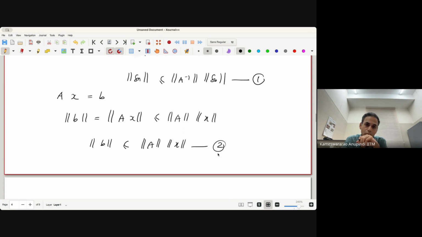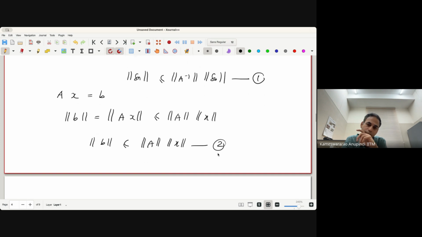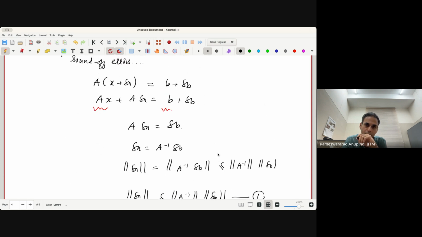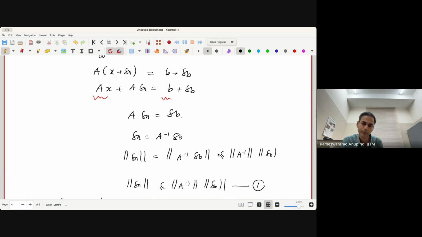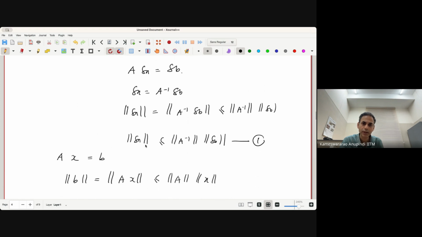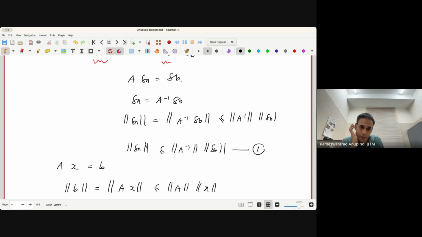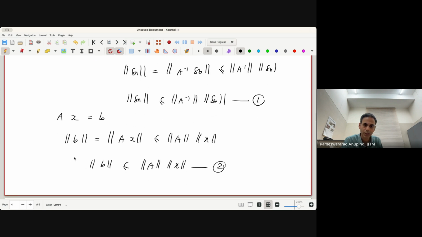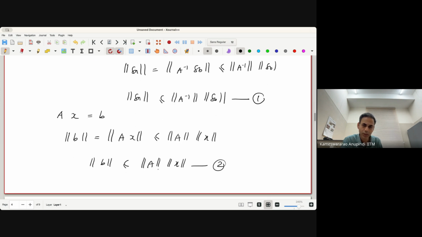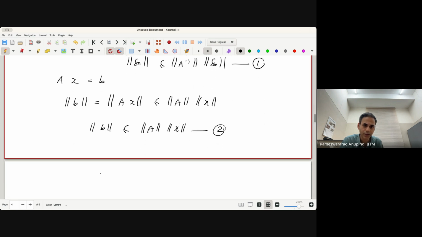I want to put it in a slightly different way. Let me not write, let me slightly do it differently. I want to keep delta B like this. AX equals B, A times X.